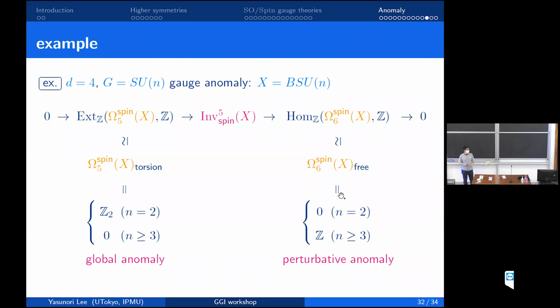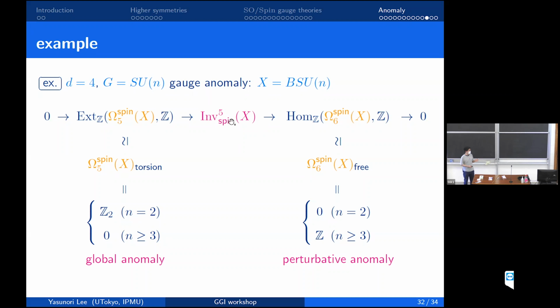So let's, again, look at some examples. Let's consider the 3+1 dimensional SU(N) gauge theory. The 4-dimensional anomalous QFT, we believe, is realized as a boundary of a 5-dimensional invertible QFT.